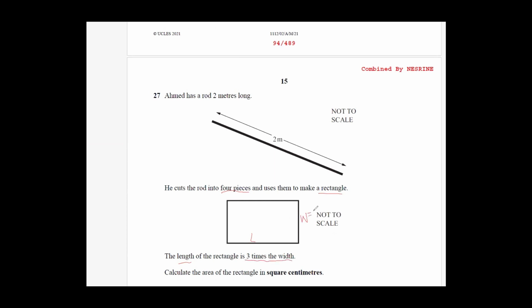So let's suppose the width is x, then length is going to be 3x. Calculate the area of the rectangle in square centimeters. The length we are given is in meters. Let's suppose its width when it is a rectangle has to be x.